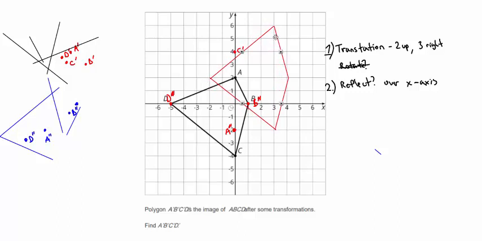Okay, so that now is a different shape than our original. That's not even our original shape. I did not do this right. That should be there. That should be there. There we go.